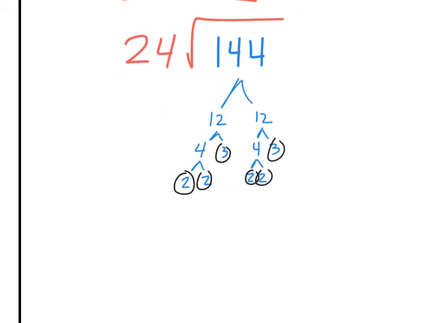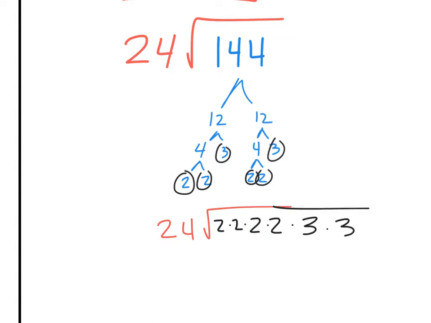But remember, it's 24 times that radicand. So I have 24 radical. I have 1, 2, 3, 4 2s and 2 3s. So I'm going to do 2 times 2 times 2 times 2 times 3 times 3. Double on the inside, single on the outside.